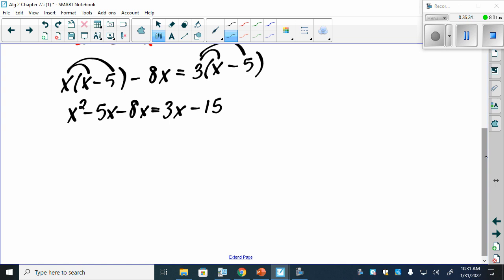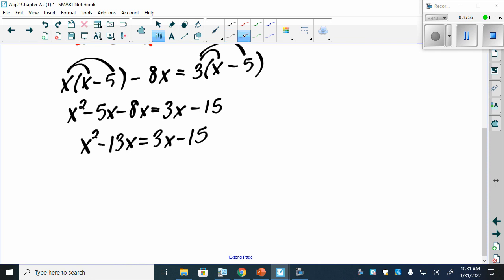So this is a quadratic. And anytime we get a degree for x, an exponent with our variable greater than 1, we need this thing equal to 0. So we can combine like terms first. So negative 5x minus 8x would be negative 13x, is equal to 3x minus 15.